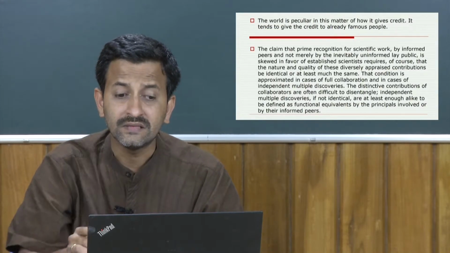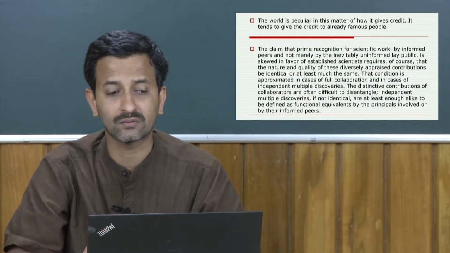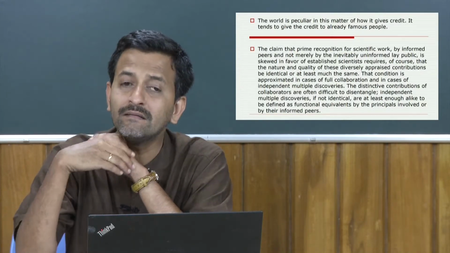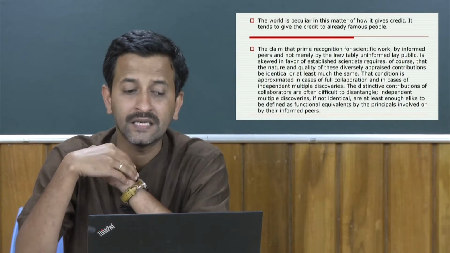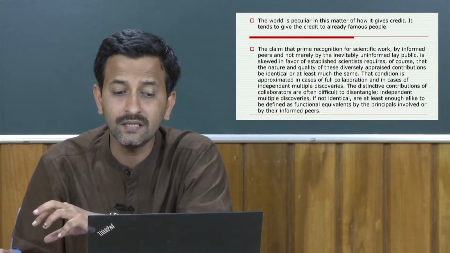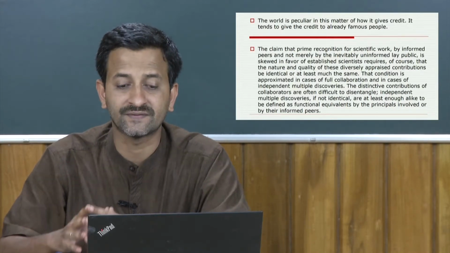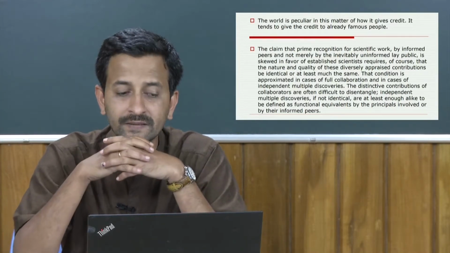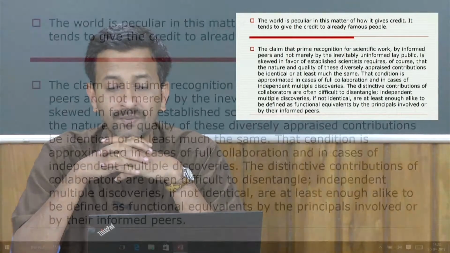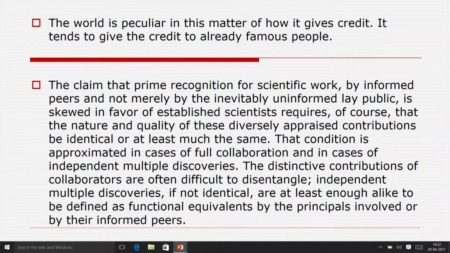The distinctive contributions of collaborators are often difficult to disentangle. Independent multiple discoveries, if not identical, are at least enough alike to be defined as functional equivalents by the principal investigators involved, or by their informed peer groups.